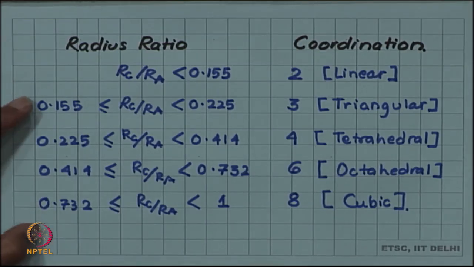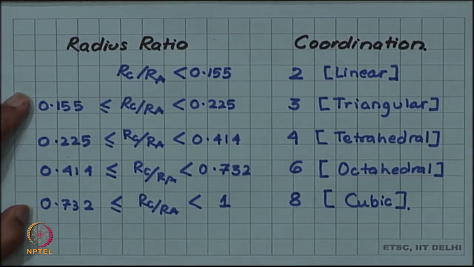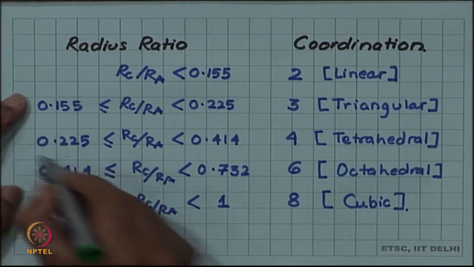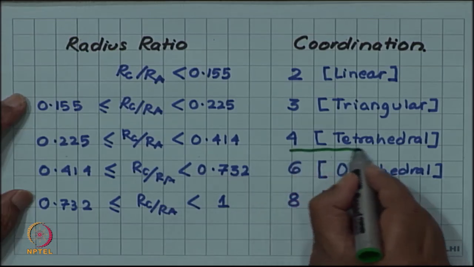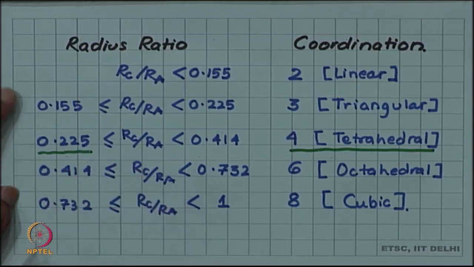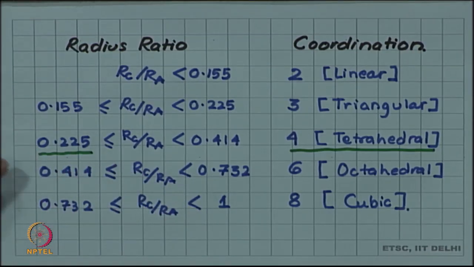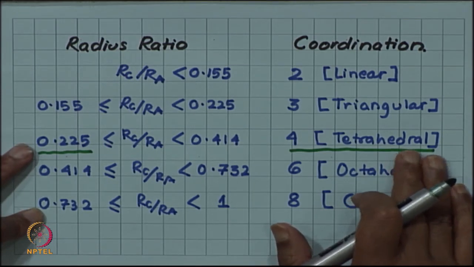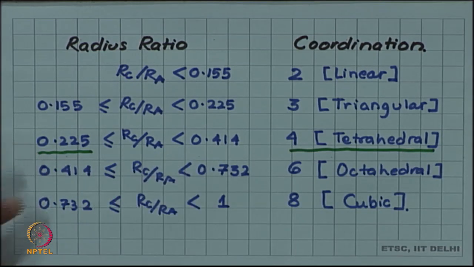One thing which sometimes causes confusion to students. So, let us look at the tetrahedral coordination. We find that 0.225 is the minimum radius ratio at which the tetrahedral coordination becomes stable. But this same number we derived when we were studying the cubic closed packed structure, the same number we derived as the maximum size of a sphere which will fit in the tetrahedral void.